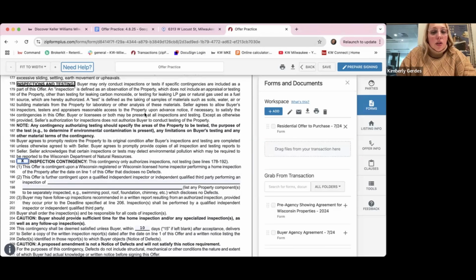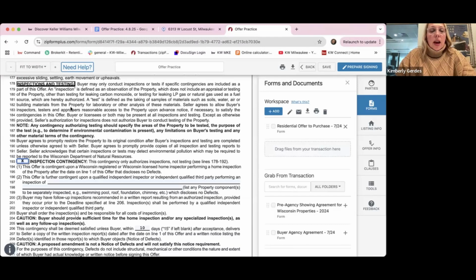Now, there is a difference between an inspection and a test, and that's defined up here in the section above. But how I like to think about it is a home inspection is something that an inspector can visibly see. They're doing a visual inspection of the property. A test is where you actually take something off of the property and send it to a lab.